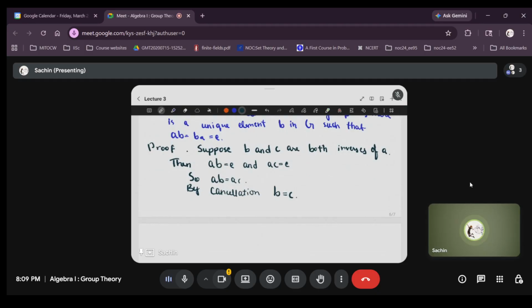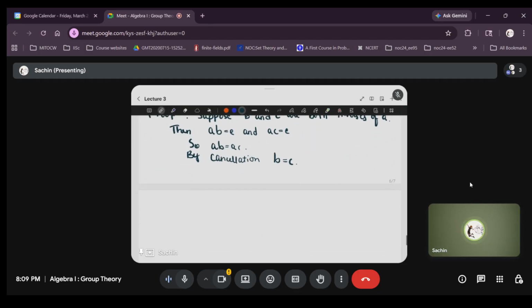Then another useful fact, I won't really call this a theorem.